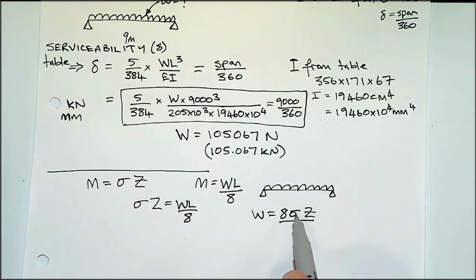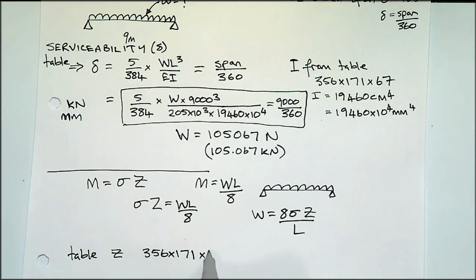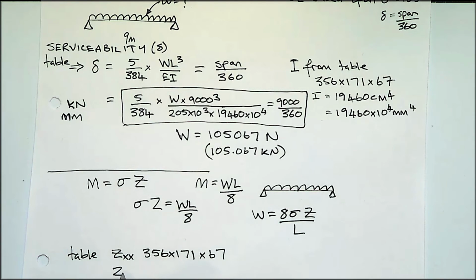We've got this stress value, 165, we've got the span, we haven't got Z. From your table, we can find Z. Again, for this beam, which is a 356 times 171 times 67. Now, when you look at the tables, you can get a ZXX and a ZYY.